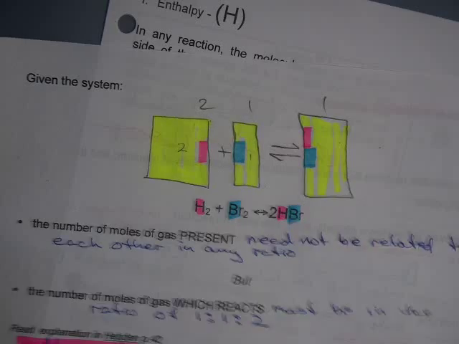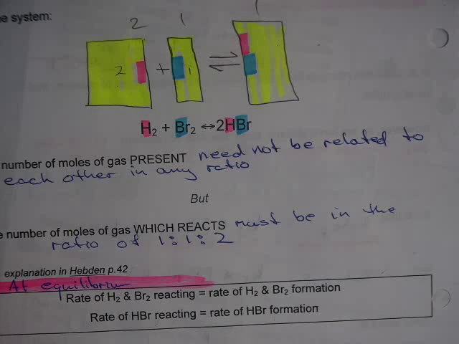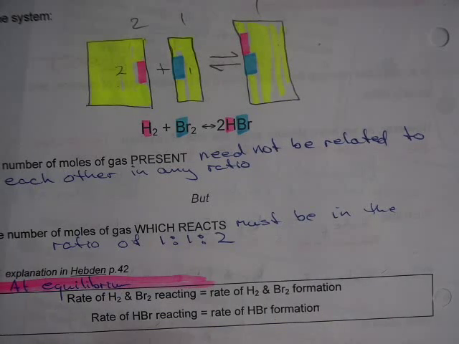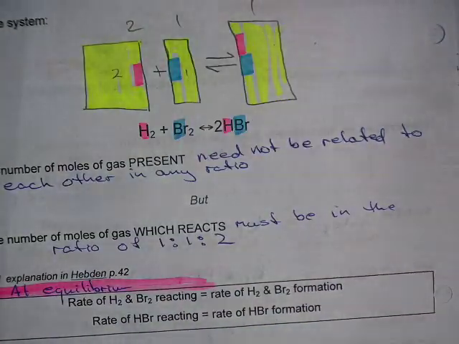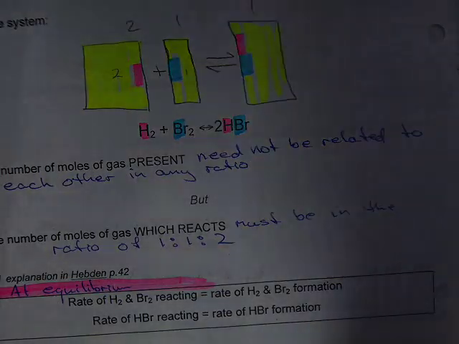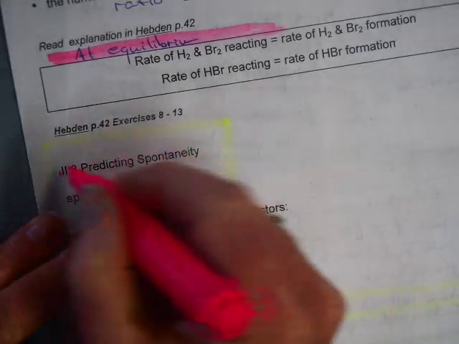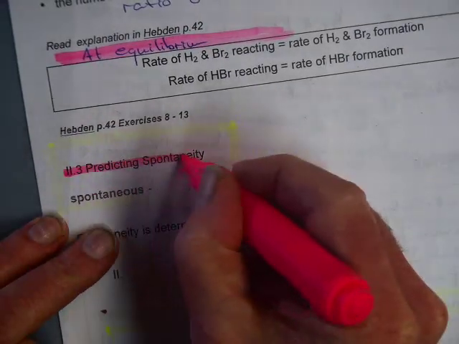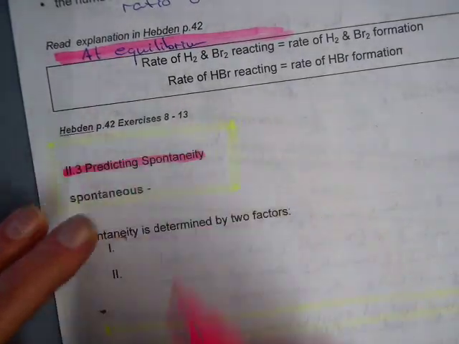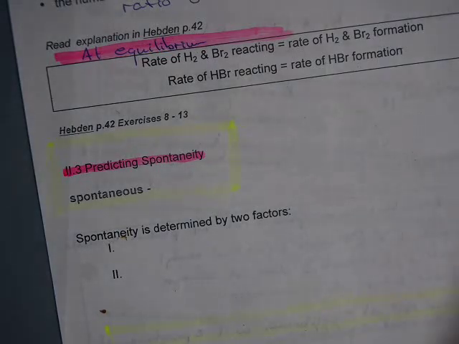Okay. Well, moving along. Spontaneity. This one's 2.1, 2.3. This is predicting spontaneity. And for this spontaneity, it is orange.